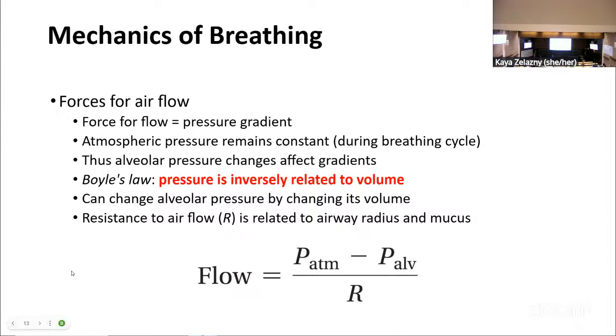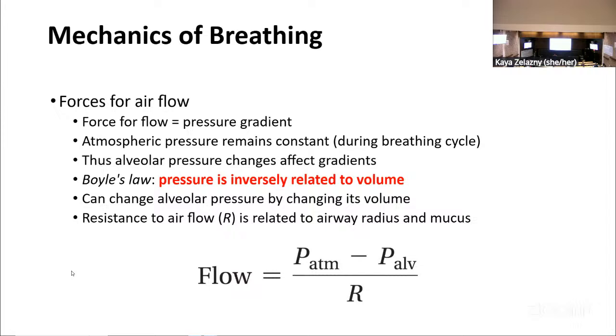Your atmospheric pressure is remaining constant during your breath cycle. Only the alveolar pressure changes, so the alveolar pressure is the one that's creating our gradient. If it's positive, our gradient is high in the lungs, low for our 0 atmospheric pressure.